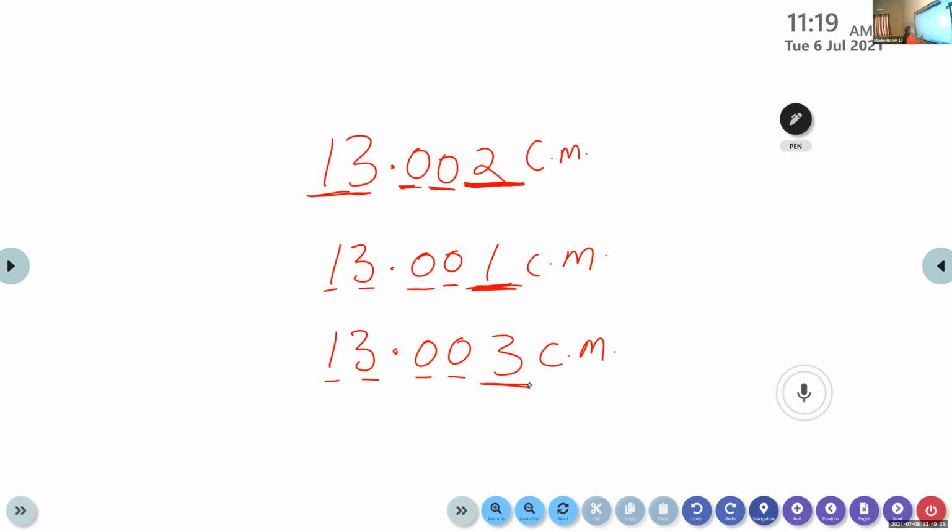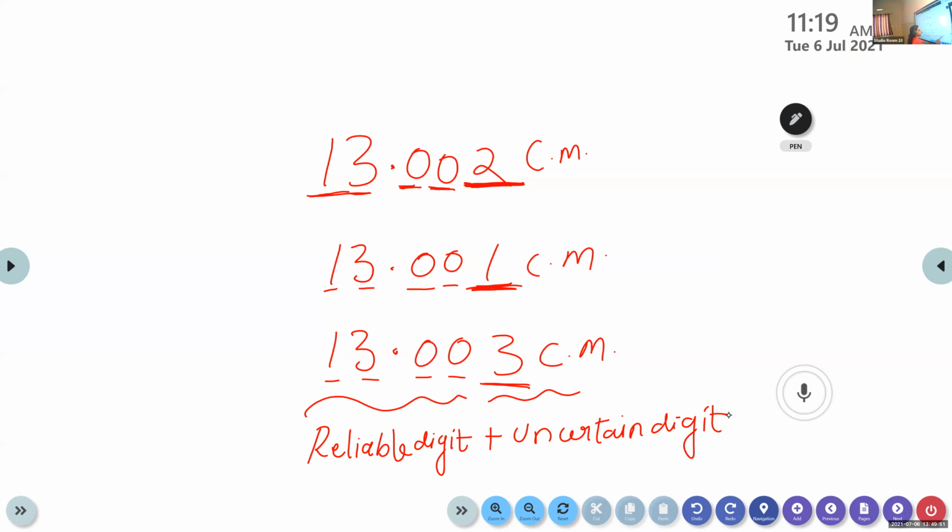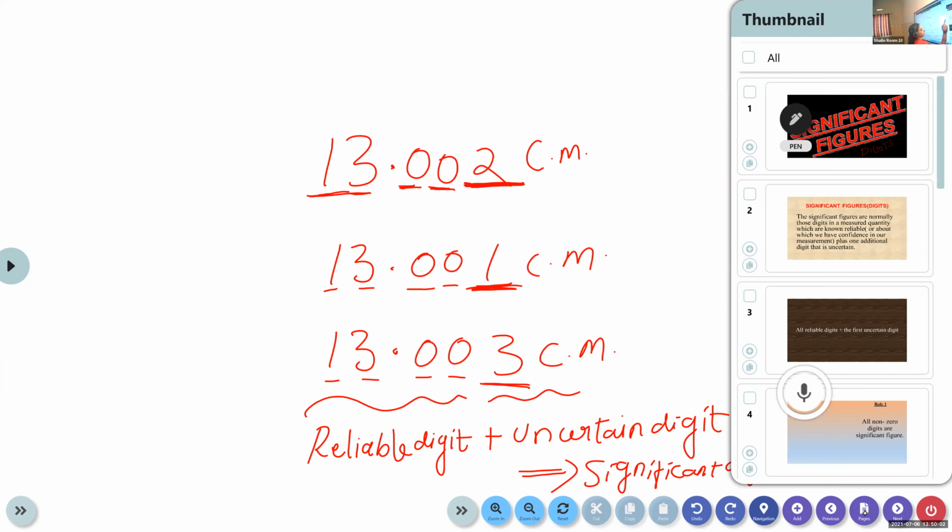Now, the combination of the reliable digits and the uncertain digit is known as significant digit or significant figure. The combination of the reliable digits plus the first uncertain digit is known as the significant digit or the significant figure. I will show the slide, then you can write the definition.